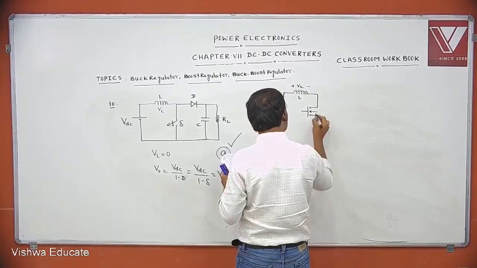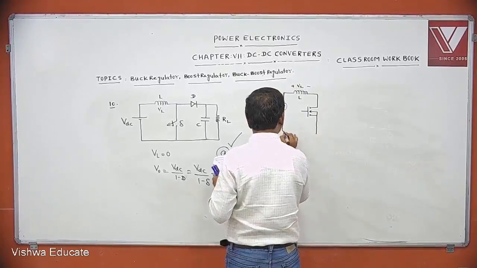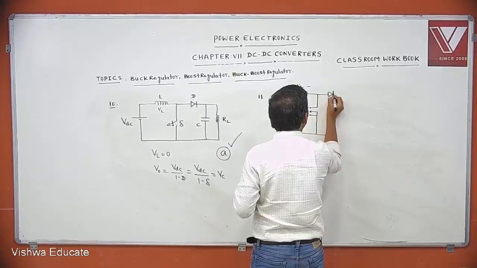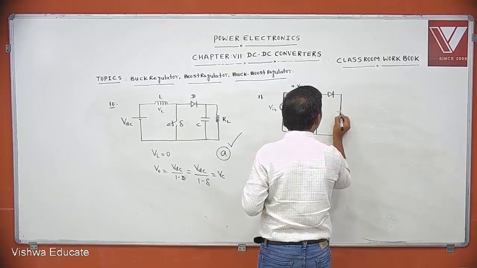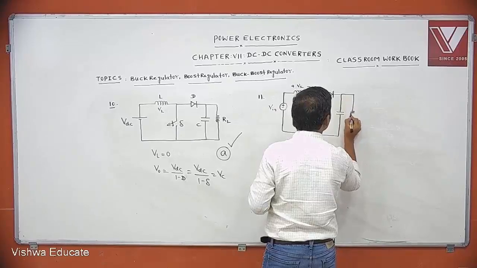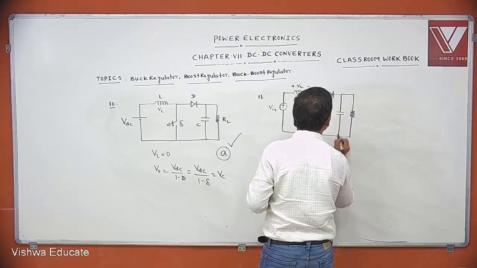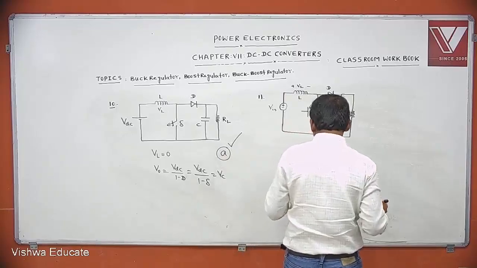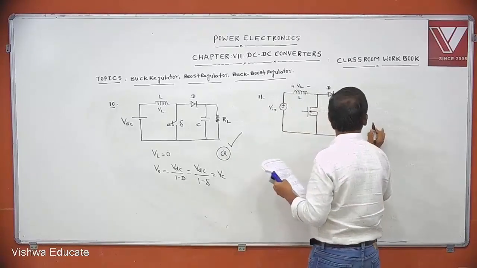This is the given switch, and this is the diode, and the capacitor is connected across the load, and this is the resistor. The voltage across the inductor waveform is also given.